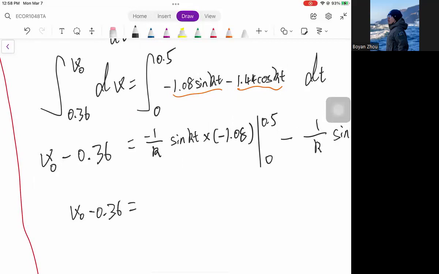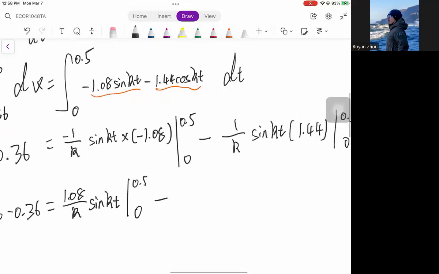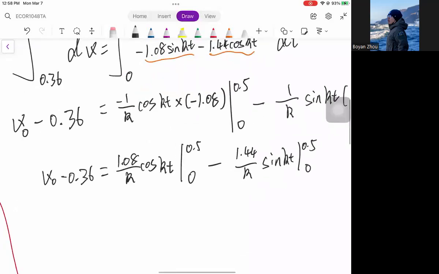On the right-hand side, that is 1.08 over k times cosine kt, evaluating from 0 to 0.5, minus 1.44 over k times sine kt, also evaluating from 0 to 0.5.